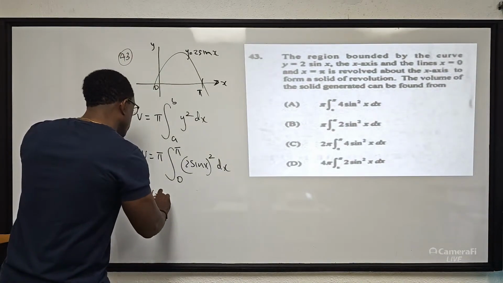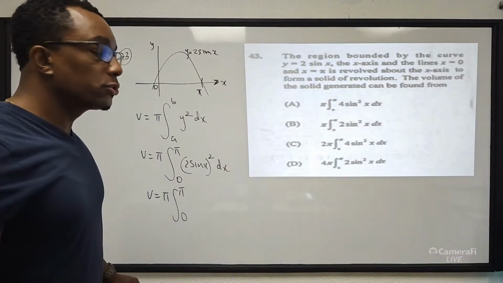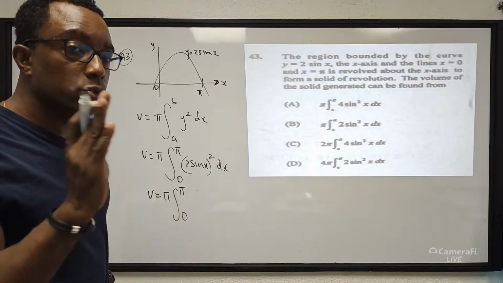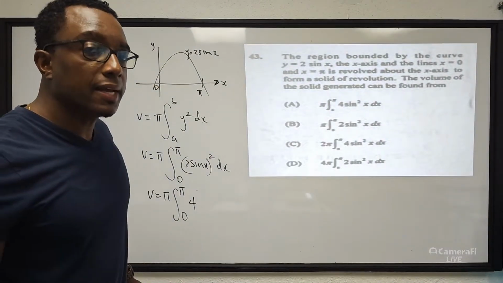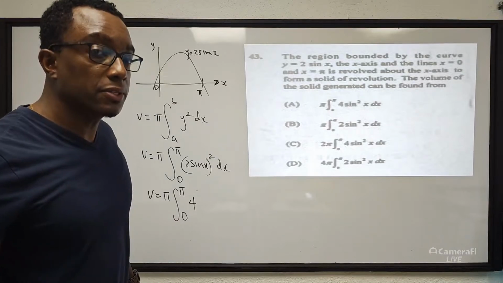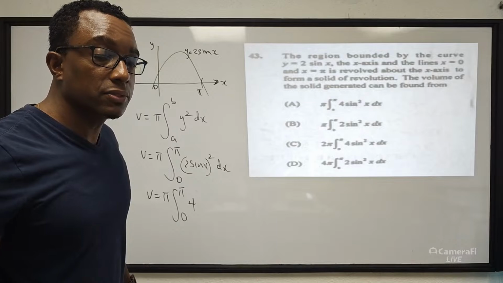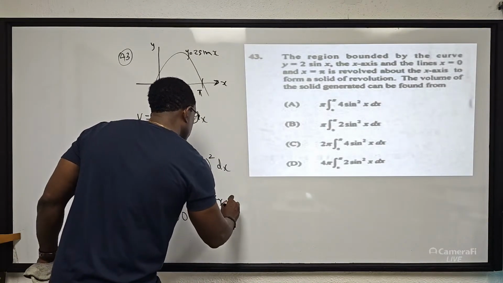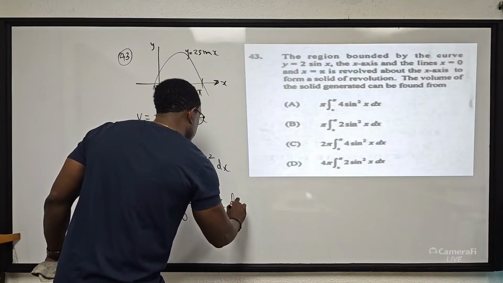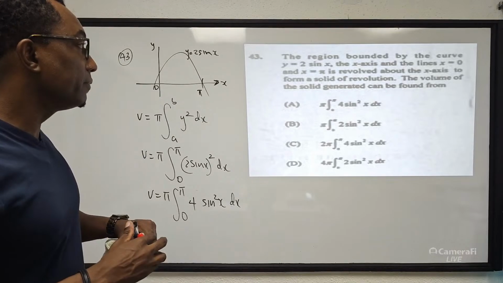So V is equal to pi, limits 0 and pi, and 2 sine x by 2 sine x is 2 by 2, which is 4, and sine x by sine x will be sine squared x, not sine x squared. Some students write it wrongly. Good? dx. So that is what I have to integrate to get my result.